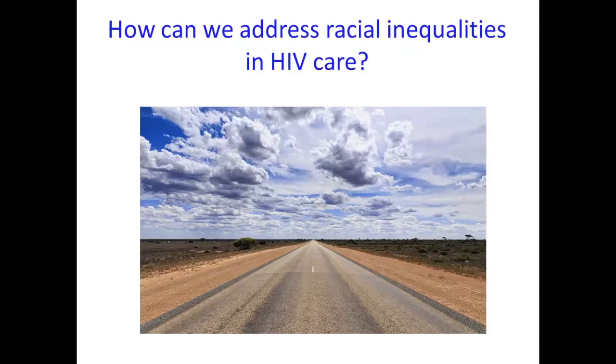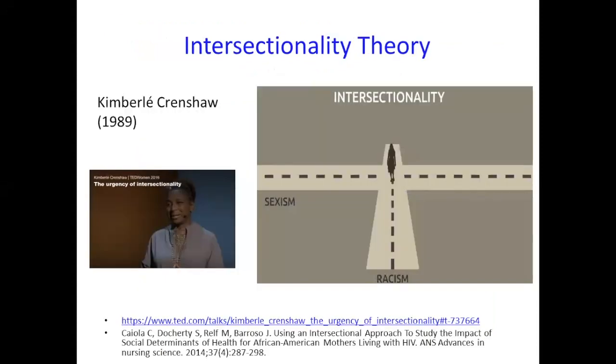So how can we address racial inequalities in HIV care and better serve our BAME communities? So I sometimes think of a couple of theories when I have patients in clinic, and I just want to describe them to you. So the first one I think about is intersectionality theory, which was first coined 30 years ago by then law student Kimberly Crenshaw.